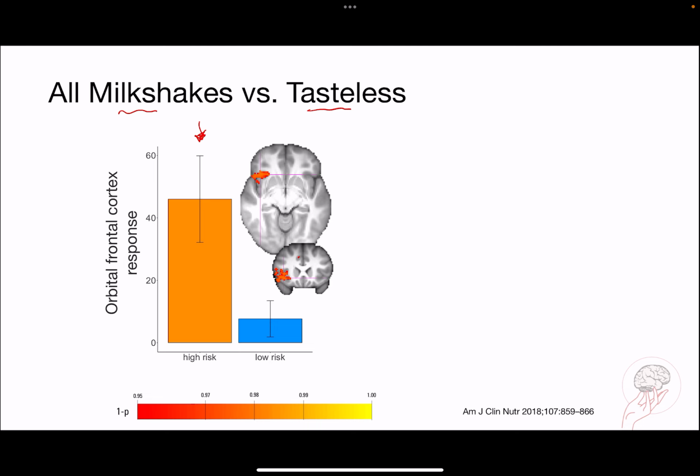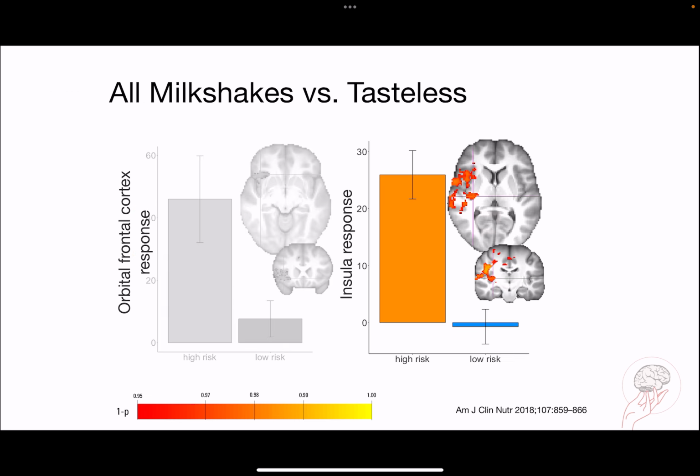Kids who were at high risk of obesity showed an exaggerated response in the orbital frontal cortex and in the insula. The insula is particularly interesting because this is a taste and reward area of the brain. So this indicates that this taste may be more tasty and more rewarding in kids with parents who have a higher BMI.